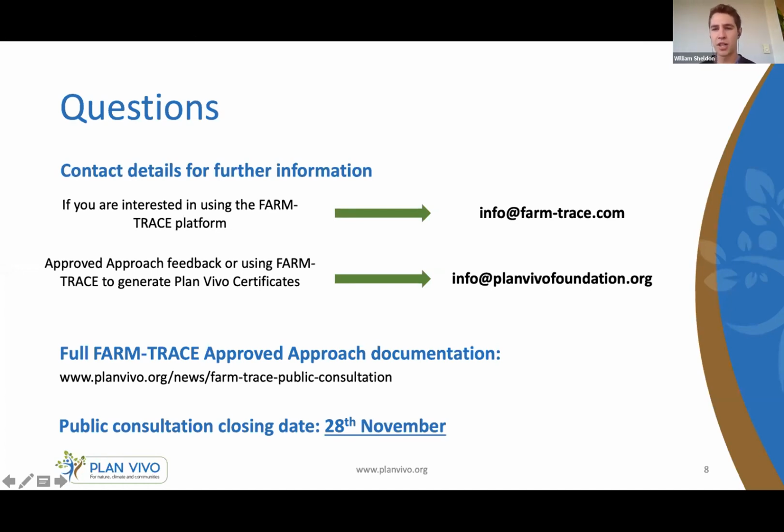And the way the FarmTrace business model would work is that buyers, so if you're a funder or a buyer of carbon credits or agricultural commodities, you would purchase the reporting from FarmTrace so that you have access to that reporting. And that would finance the groups on the ground to be able to use FarmTrace for free.